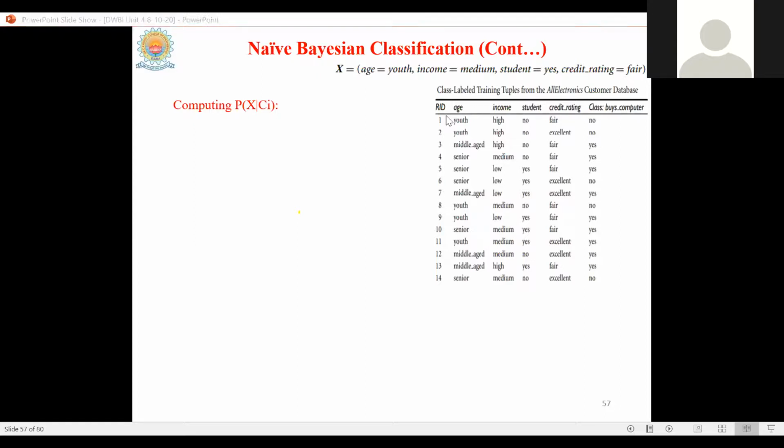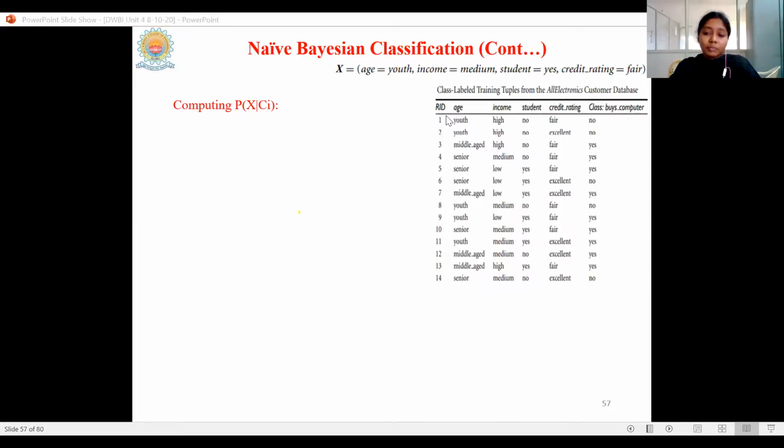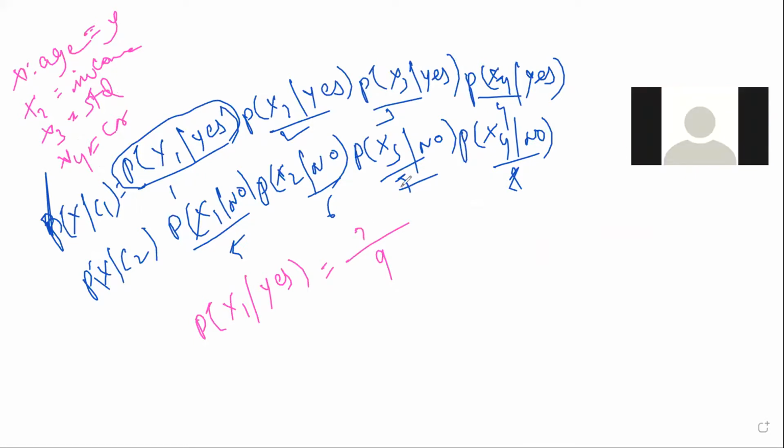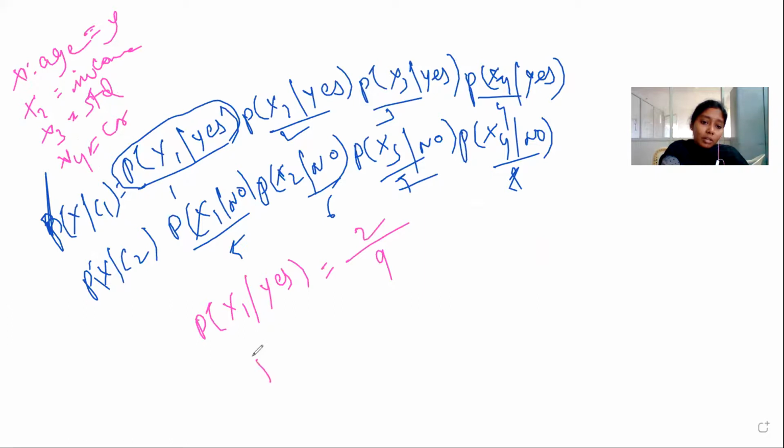So remember that I'm going for the whiteboard. Age is youth, right? So P of youth given S is 2 by 9, and P of youth given no is 3 by 5.